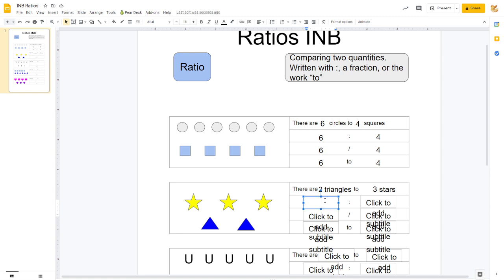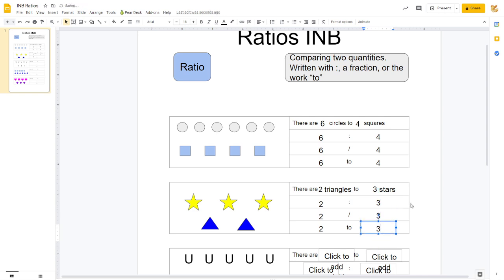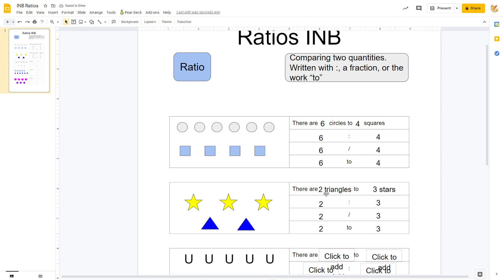So since I decided to do triangles first, my 2 needs to be in front, and 3 needs to be in the second spot. I'm comparing triangles to stars. I have 2 triangles, 3 stars, so 2 should always be first because I put triangles first, and 3 should always be second because I put stars second.